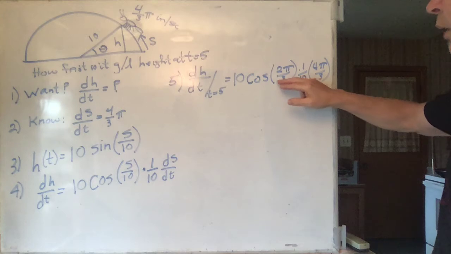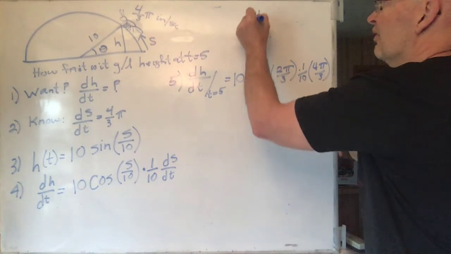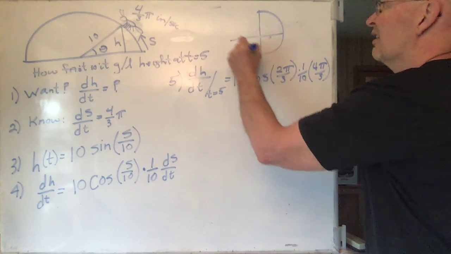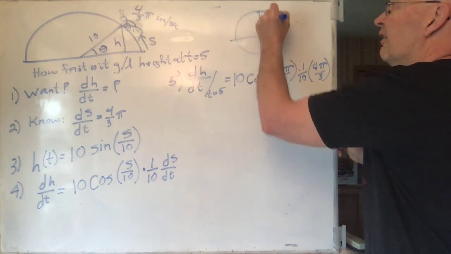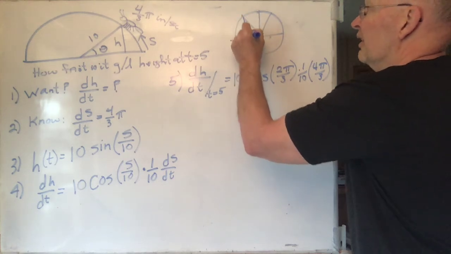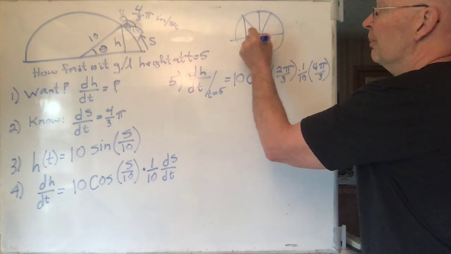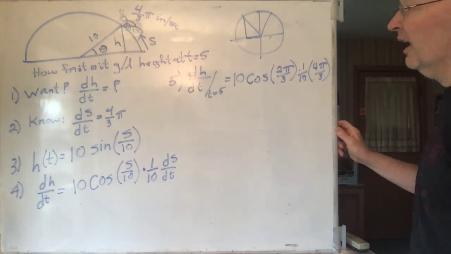Okay? Well, what is the cosine of 2 pi over 3? I always like to draw the unit circle again. Pi over 3 is right there, that's 60 degrees. 2 pi over 3 is right there, that's 120 degrees. The cosine is this part right there, which is -1/2.